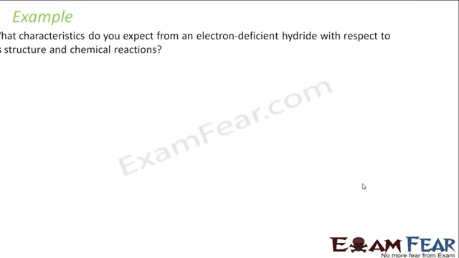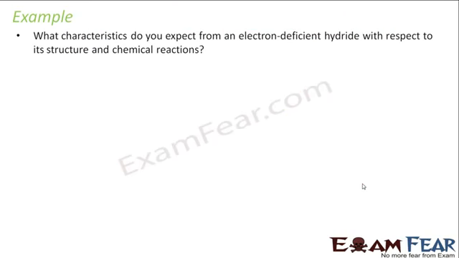Correct. So let's take some examples here. What characteristics do you expect from an electron deficient hydride with respect to its structure and chemical reaction? So we have explained electron deficient with BH3. B has all these hydrogens consumed, it still has 6 electrons.